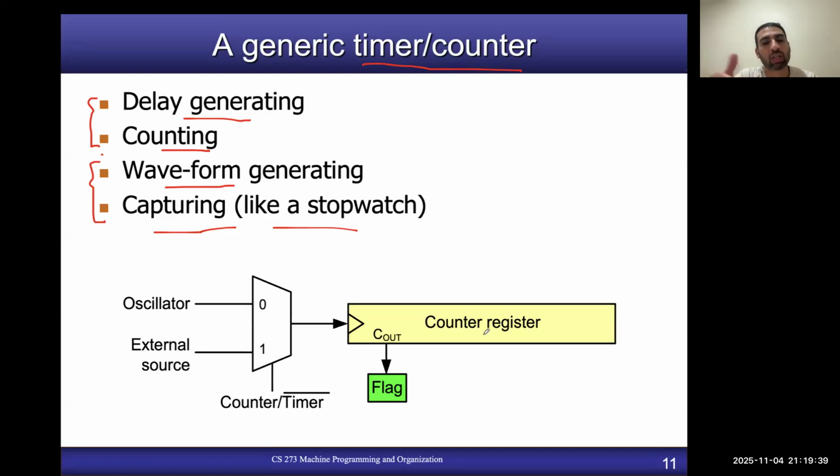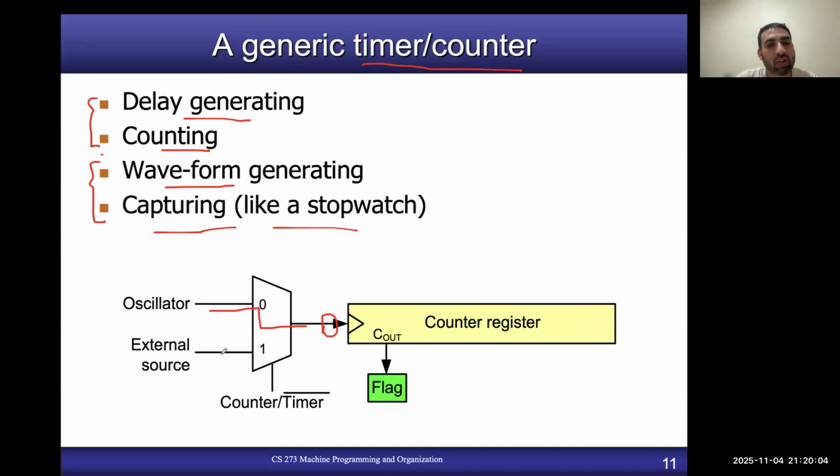When you are using a register to generate delays, you say, okay, I'm naming this register a timer. So it basically only depends on what the source of the clock signal is. If the source of the clock signal is an oscillator, a clock source, then you are saying, okay, my register is working as a delay generator.